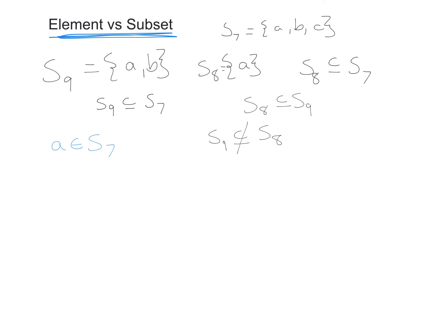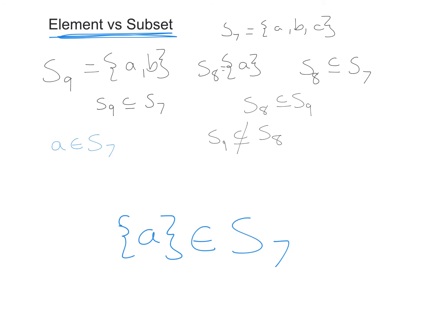Okay, let's try something else. Is the set containing A an element of S7? This is an element of this, if the thing on the right is a set, and it is. And if this thing appears inside of this thing, so this is an A in a bag, I ask, is there an A in a bag inside of S7?